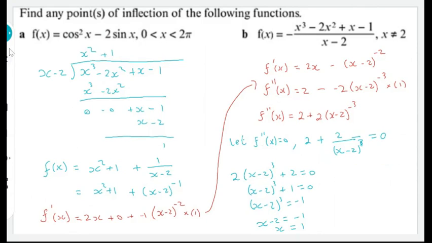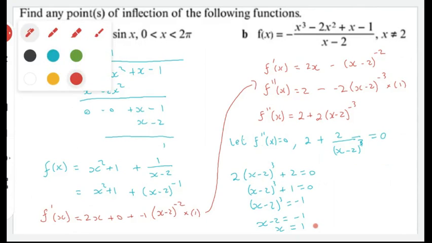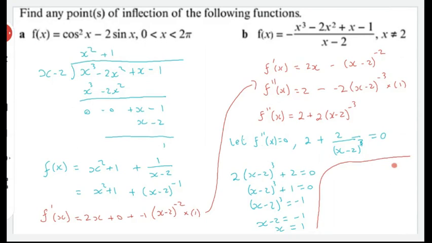And then to get my y value, I just need to substitute x equals 1 into my original equation. So just do it in the bottom corner here. And I'm going to use this version of f of x that I got from my long division. So f of 1 equals 1 squared plus 1 plus 1 over 1 minus 2.